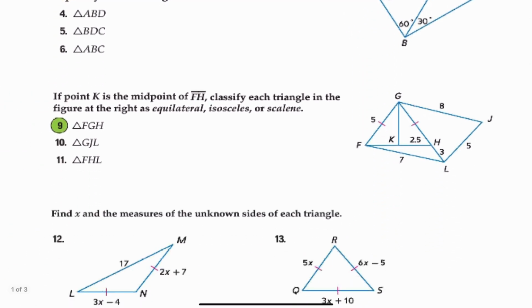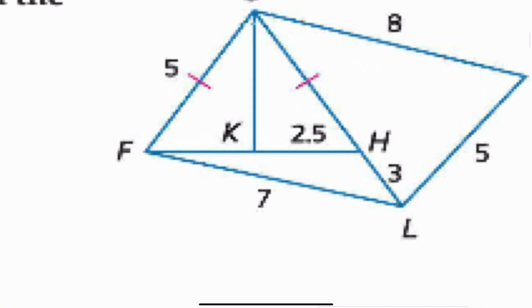If point K is the midpoint of segment FH, classify each triangle in the figure at the right as equilateral, isosceles, or scalene. So this is our given, and K is over here.